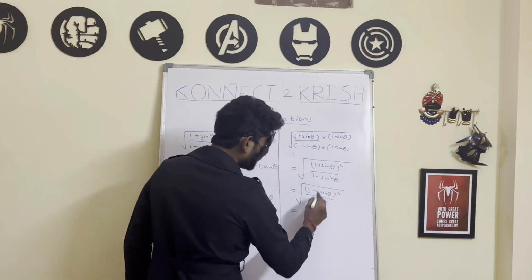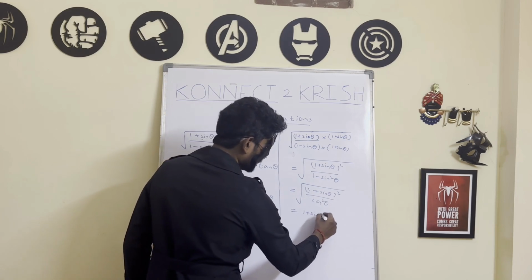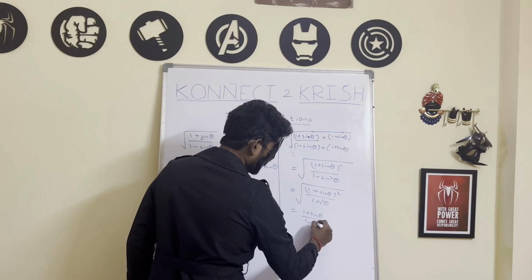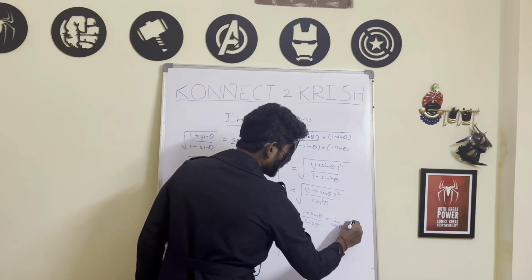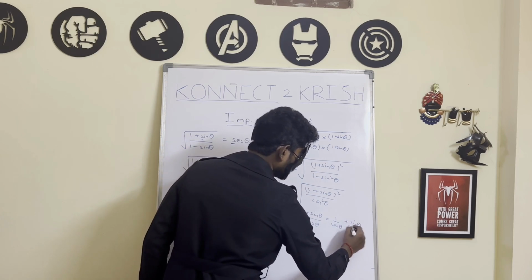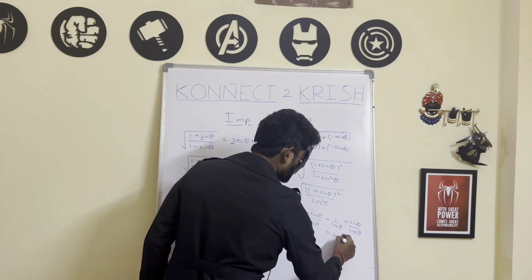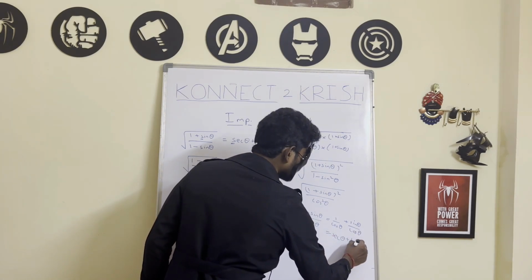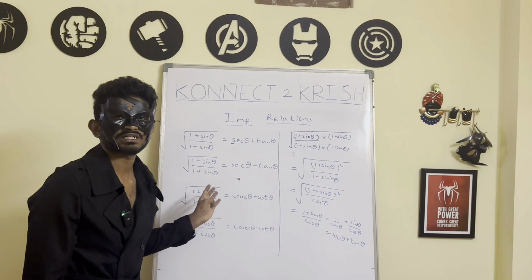So this is nothing but, let me remove the root, (1 plus sin theta) by cos theta. So this will be 1 by cos theta plus sin theta by cos theta, which will be nothing but secant theta plus tan theta. This is what we got. So the remaining 3 you can try out at your home.